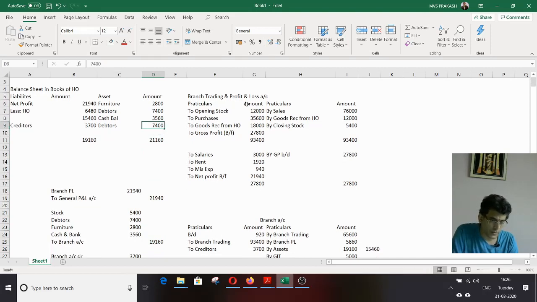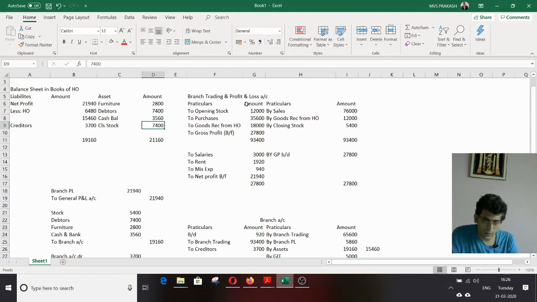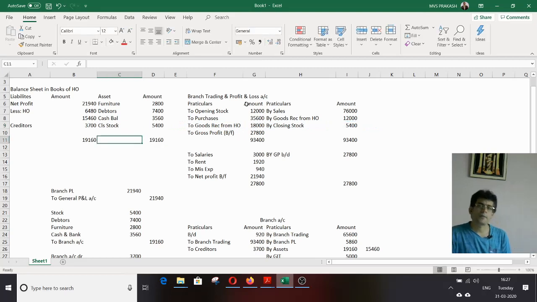So here I need to consider only my closing stock. The closing stock total is coming to 5,400. So ultimately my balance sheet total is 19,160. That's it. Hope you understood this. So quickly take it down so that we'll move on to the second problem.